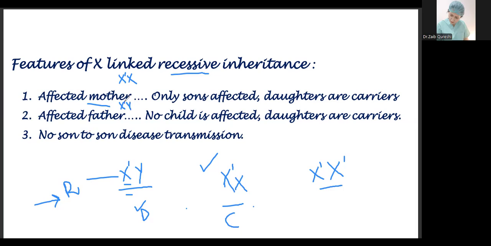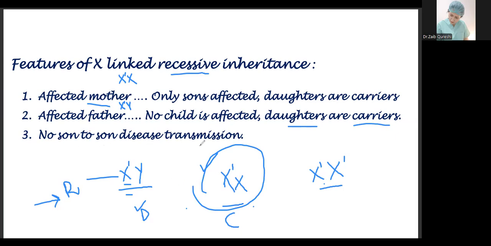So if he is having this disease, he will only transfer the disease to the daughters. But daughters will also not show the disease. They will become carriers of the disease like this. And there is no son-to-son disease transmission.